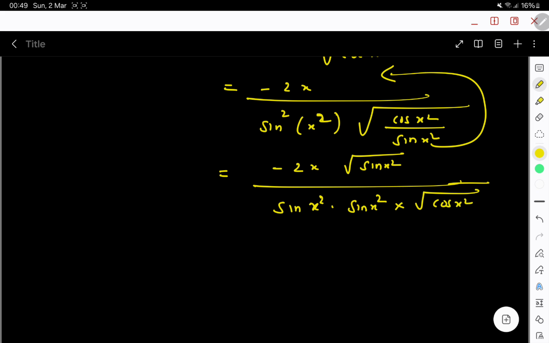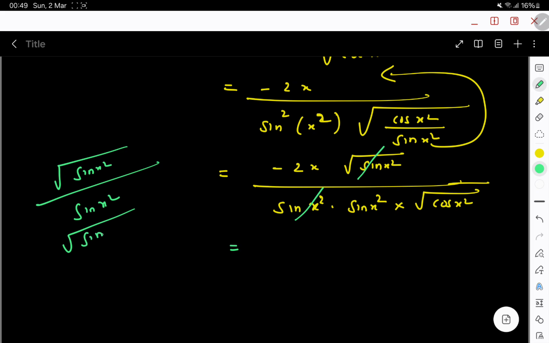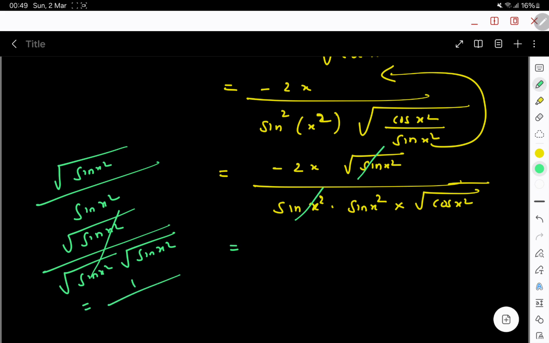Okay, so one root cancels. Under root of sin x square by sin x square, this sin x square is written as under root of sin x square into under root of sin x square. One under root cancels, so we get 1 by under root of sin x square.